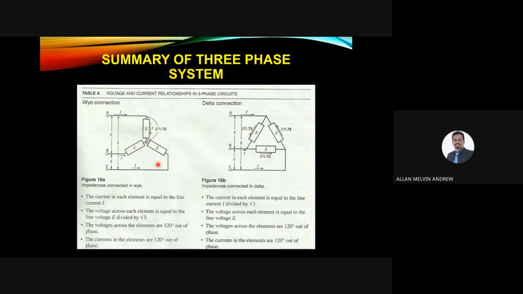So the current in each element here equals the line current I, but here it must be the line current divided by square root of 3. There are some differences which you can go through, and it will help you understand how to use the calculation.